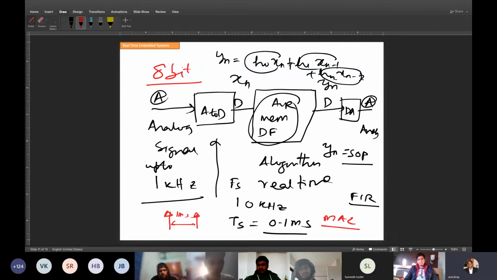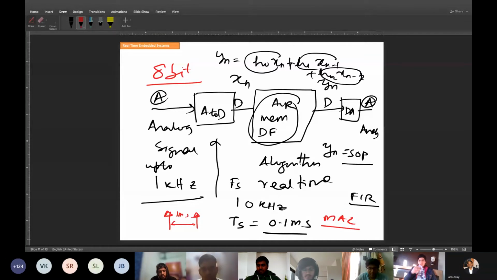Now, bit size. Do you think 8-bit is enough? If I have 8 bits, how many voltage levels can I process? Sahit Kumar? Yes, sir. If we have 8 bits, we can sample with 256 voltage values.